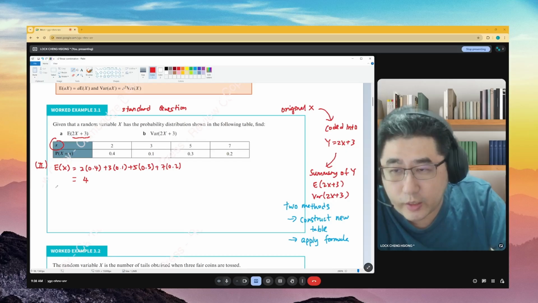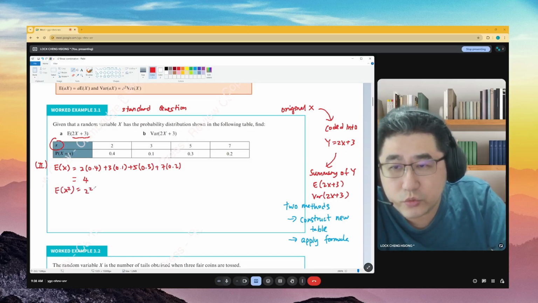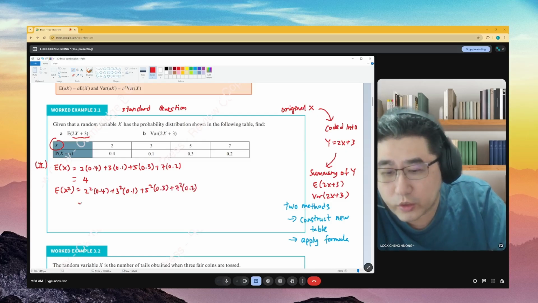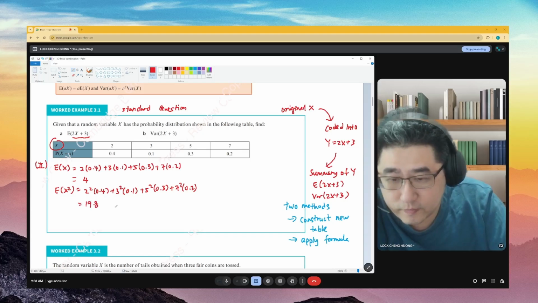Then I calculate expected of x squared. That gives me 2 squared times 0.4 plus 3 squared times 0.1 plus 5 squared times 0.3 and 7 squared times 0.2. Same thing, I plug it inside the calculator, I have 19.8.